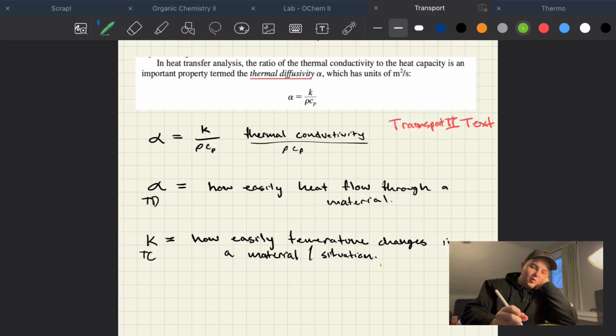So thermal conductivity, I would say, is more about temperature, and thermal diffusivity is more about energy. I think that's a good explanation. So, yep, that's it.